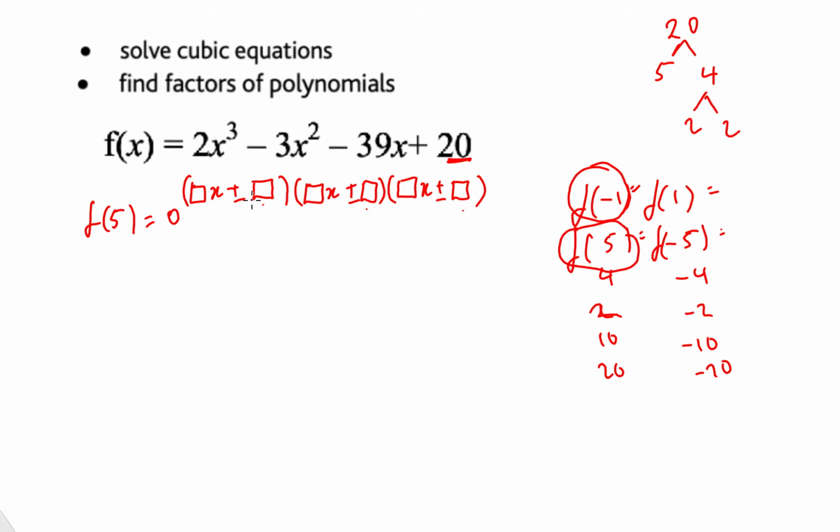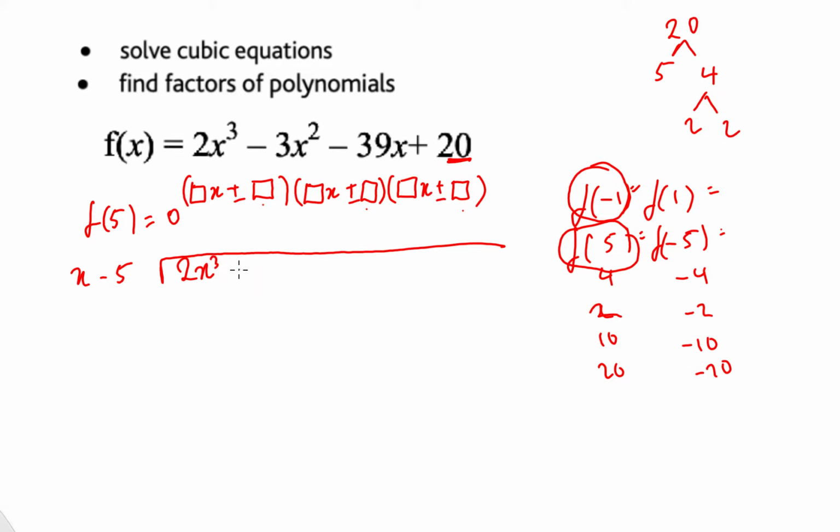I hope that's a good explanation of what numbers you should try to substitute into your cubic to find a value of x such that f of x equals 0. Once you've found such a value of x, then you know by the factor theorem that x minus 5 is a factor, and you can literally write by the factor theorem x minus 5 is a factor. So now we're going to find the other factors.